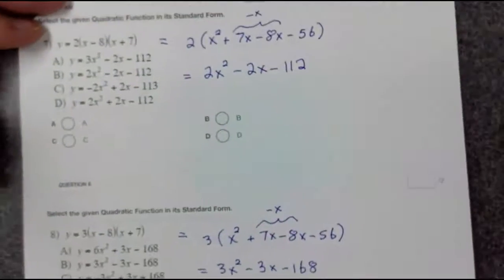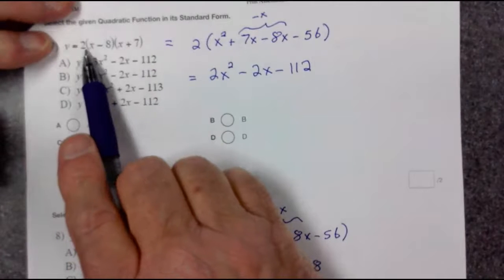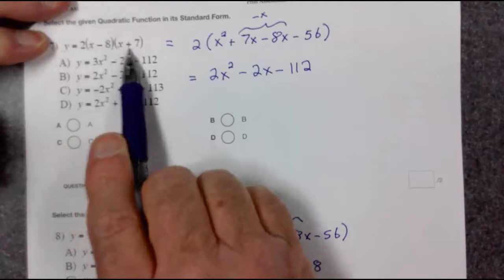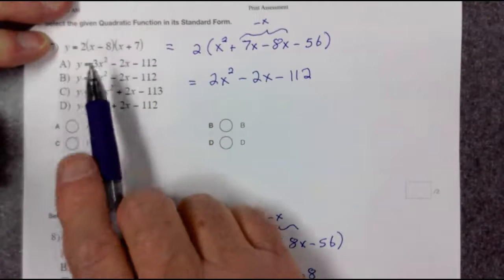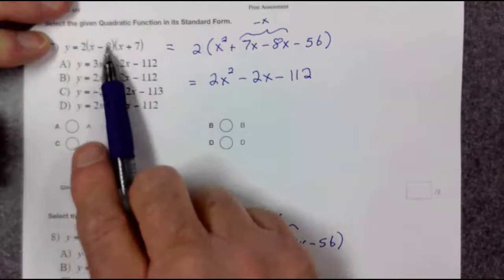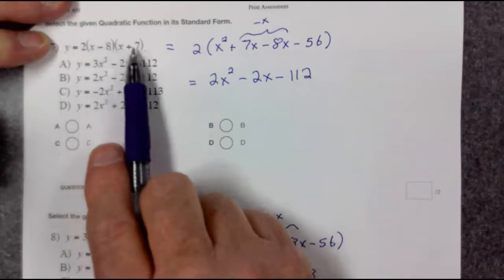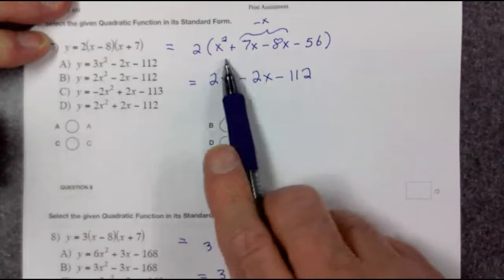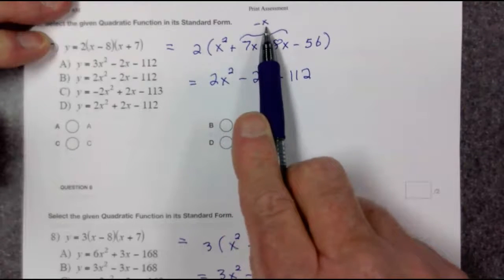All right, number 7. This time you're given a quadratic in factored form, and they want standard form. So again, you multiply it out. Just FOIL this. x times x, times 7. The whole thing I just multiplied out right here. These two terms combine to give me negative x.